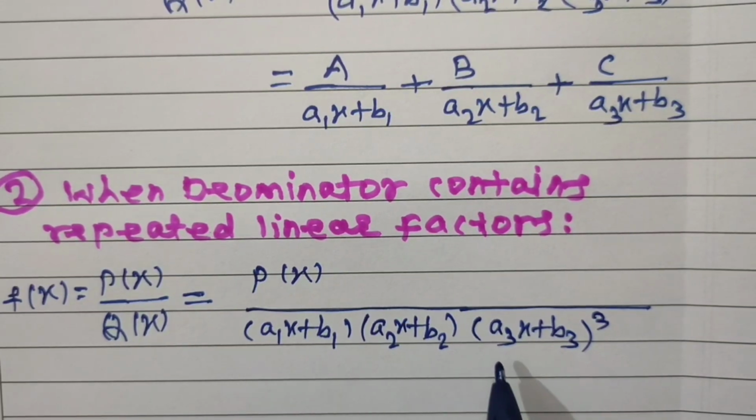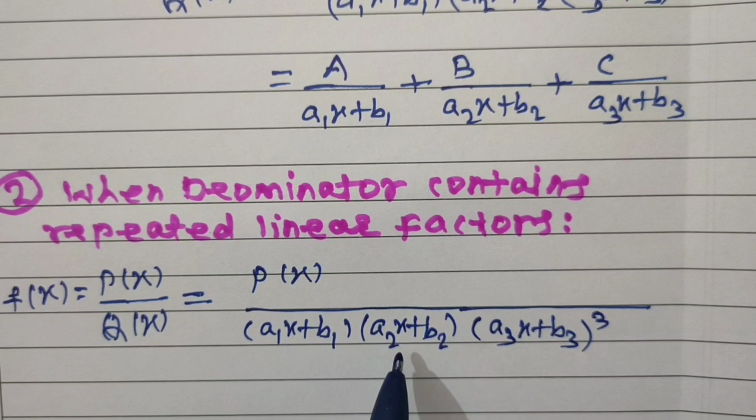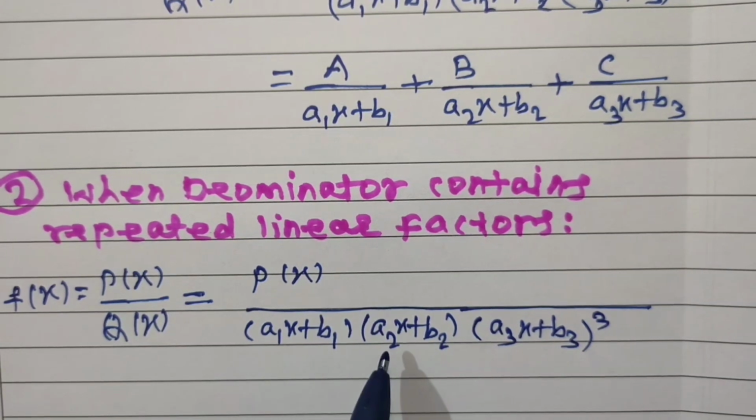Suppose cube of a3x plus b3, meaning of this is a3x plus b3, this linear polynomial is repeated for 3 times, but a1x plus b1 and a2x plus b2, these two linear factors are not repeated.